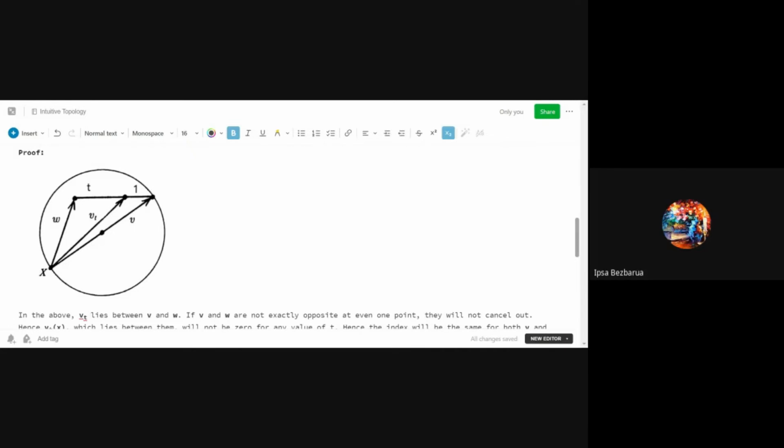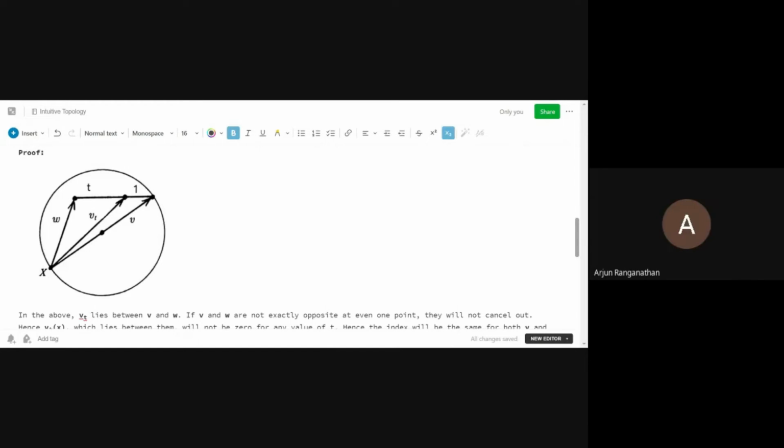If any vector lying between v and w is not zero, then they're going to perform the same number of rotations as I move along this circle, right?